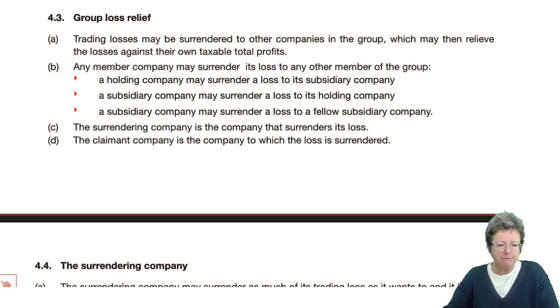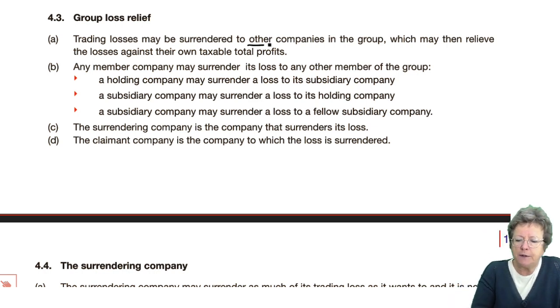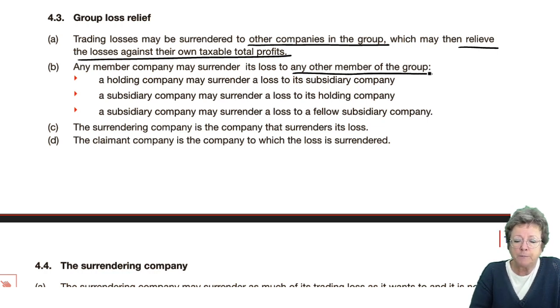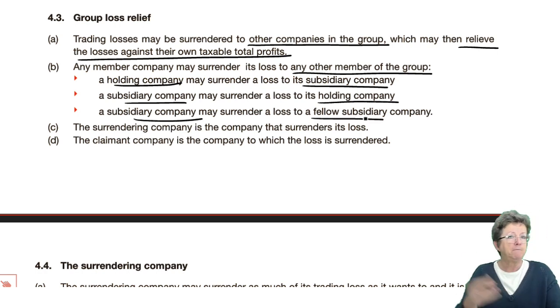Group loss relief. Trading losses may be surrendered to other companies in the group, which will then relieve them against their TTP. A member company may surrender its loss to any other member of the group. So the holding company to a subsidiary, subsidiary to a holding company, subsidiary to a fellow subsidiary, as we've already discussed.